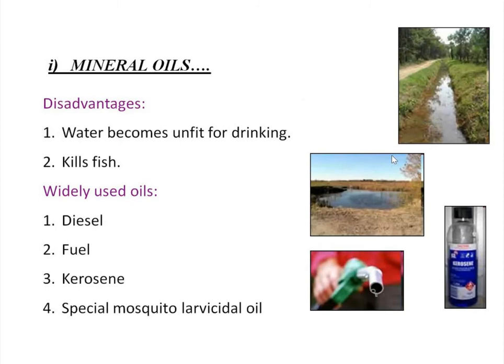These are the various types of mineral oils which are used, but nowadays we are not using this technique because it has a lot of disadvantages, like it makes the water unfit for drinking and also kills the fish. Okay.